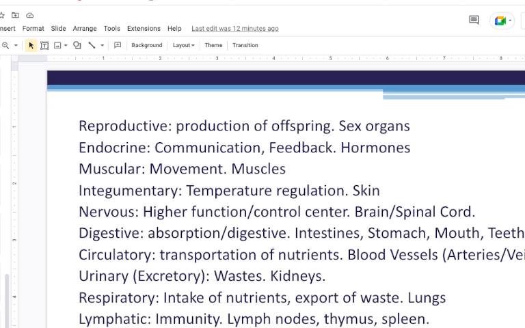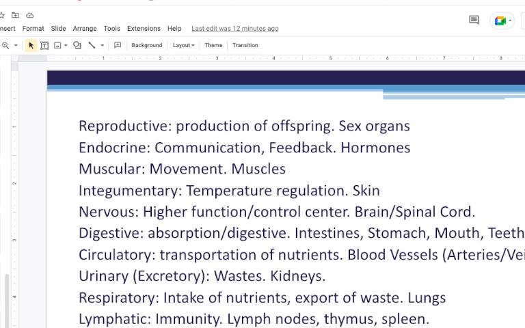Our urinary system, also called the excretory system in that Fast Osmosis video, has the function of excreting waste from our body and has the important structures of our kidneys, bladder, and urethra. Then our respiratory system has the important function of intaking of nutrients, exportation of waste, and has the important structures of our lungs, bronchi, and our trachea.